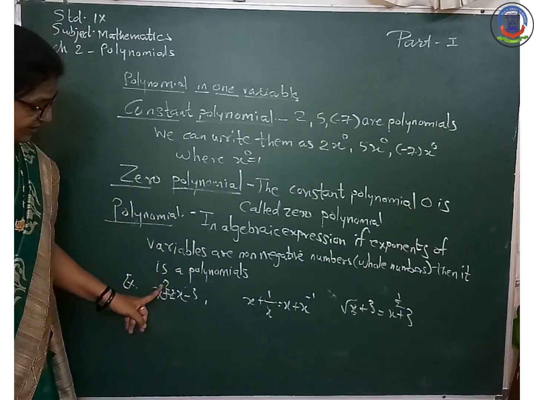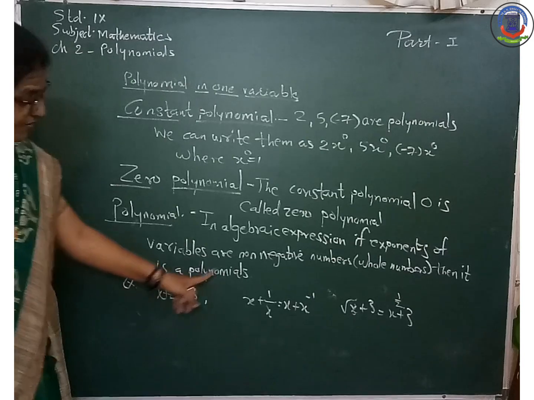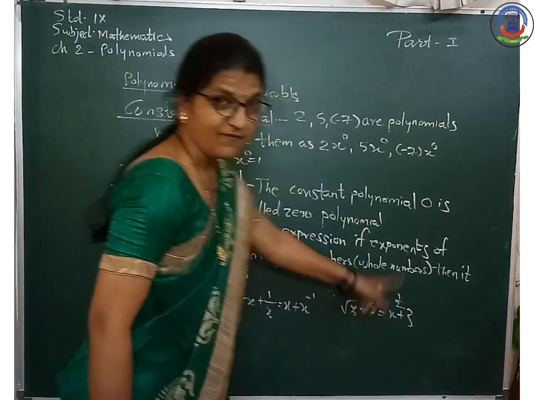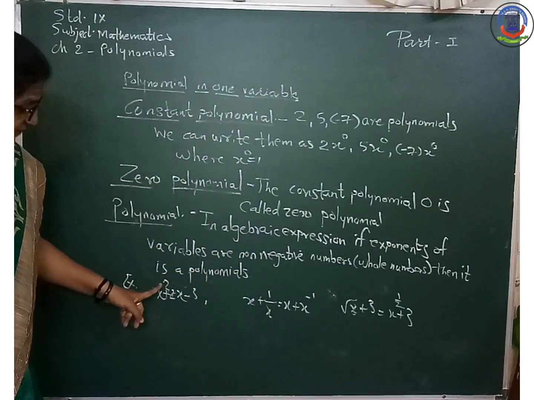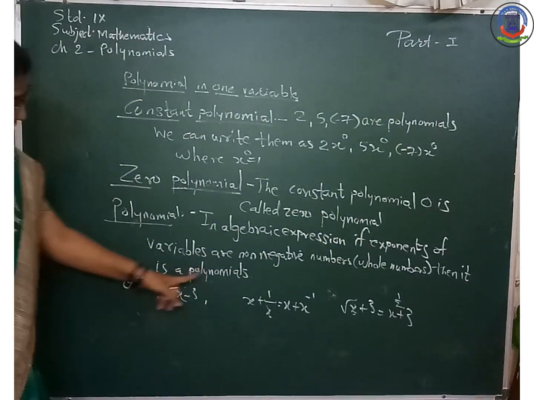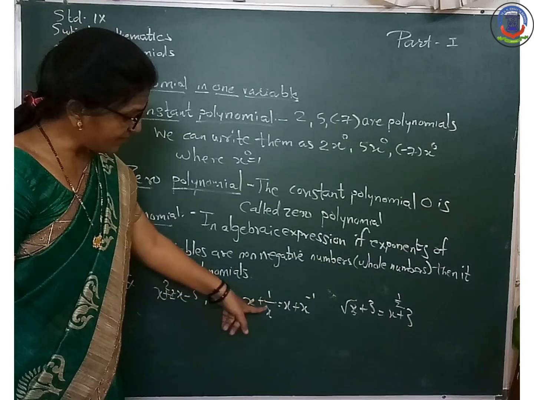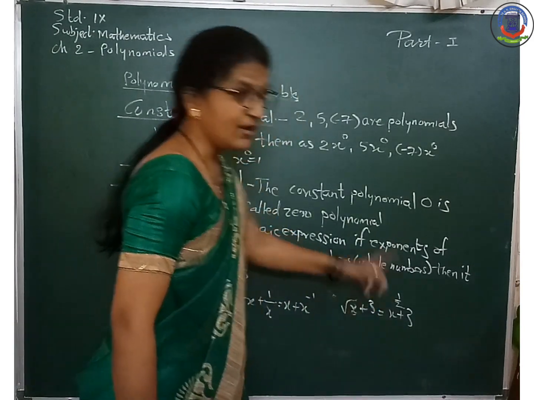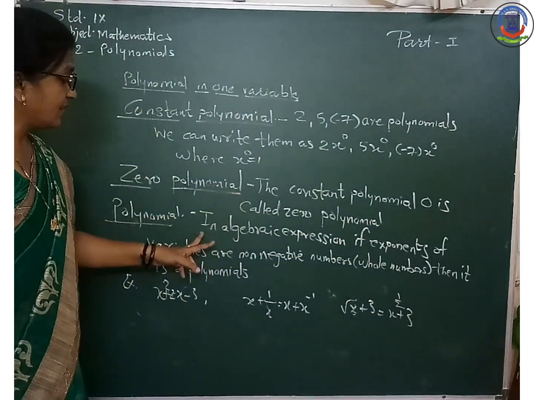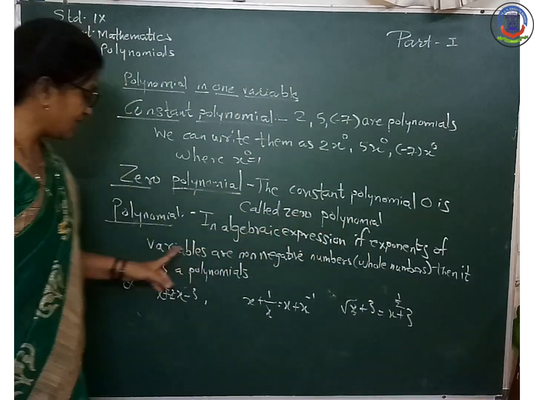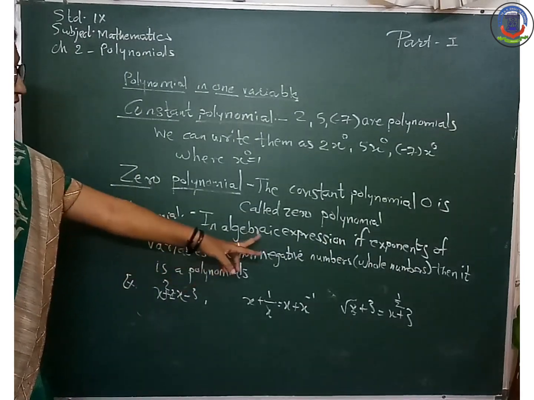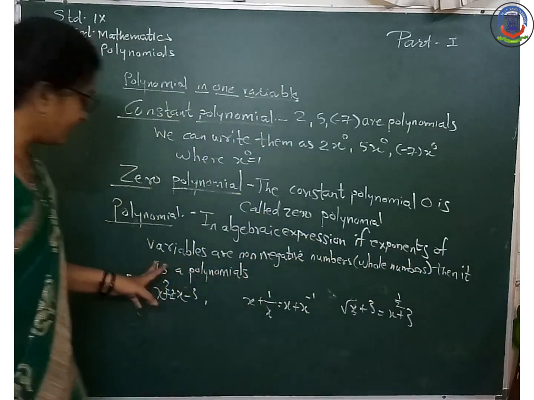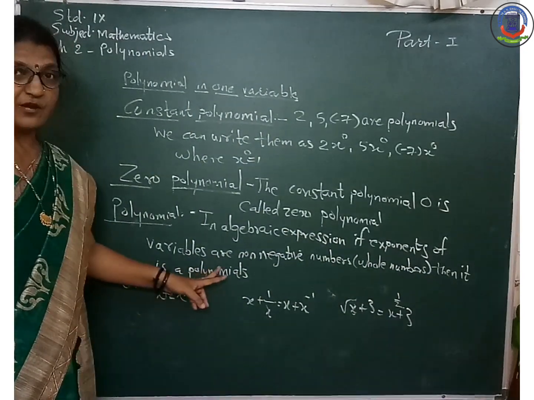Here the power is 2, here the power is 1, here the power is minus 1, and here the power of x is half. In an algebraic expression, if the exponents of the variables are non-negative numbers, that is whole numbers, then only can we call it a polynomial.